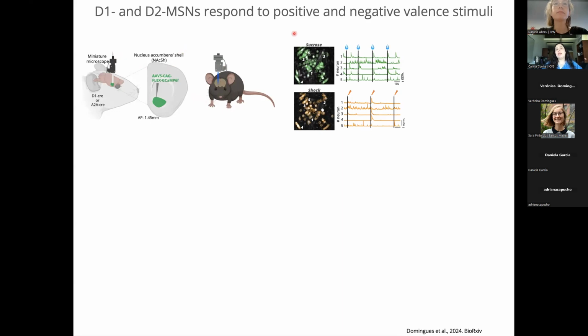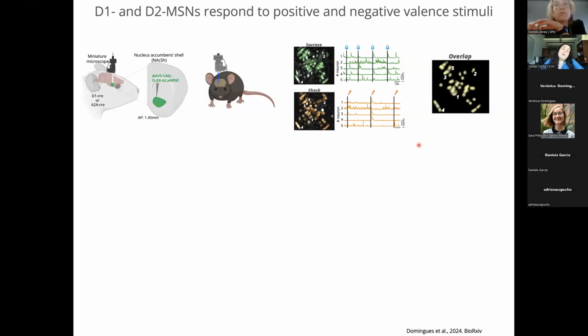And what we can do is then compare the activity of the same neurons in a session in which they were receiving a sucrose reward, which is highly positive for the animals, to the activity of the same neurons in a shock session. And we can then overlap and see how the activity of these neurons changes, or if it's similar in response to an appetitive or an aversive event.